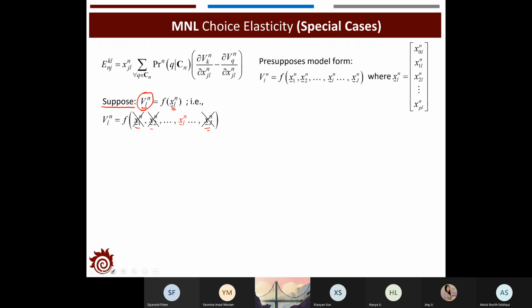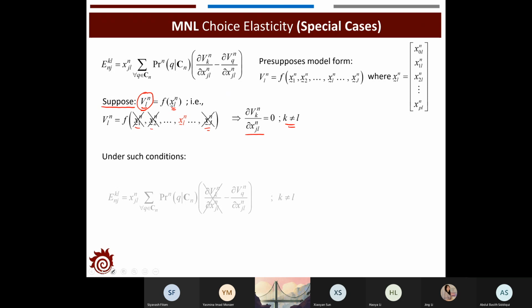And with that we can simplify the equation. So if k is not equal to L, then the component partial Vk divided by partial xjl will be 0. Only when k equals L will we have the value.